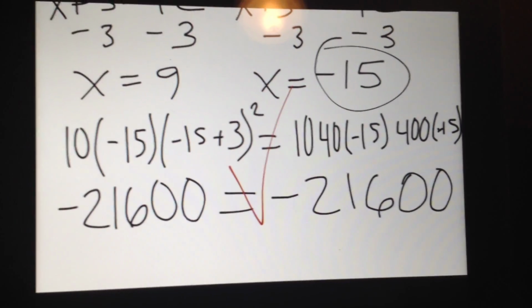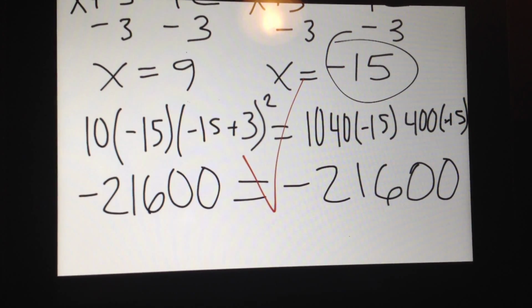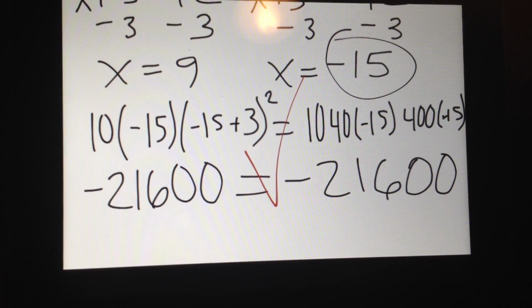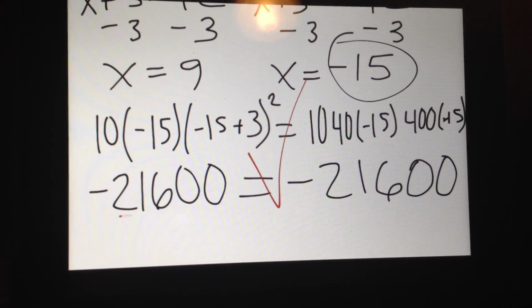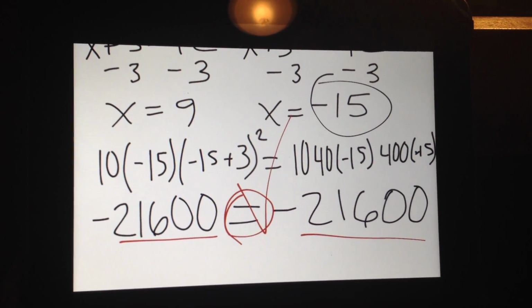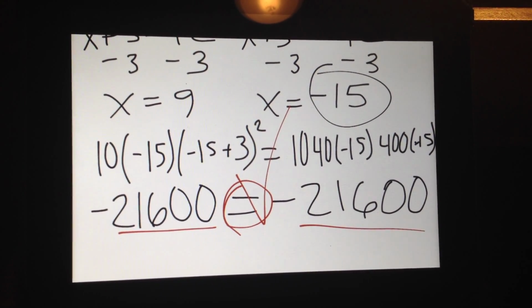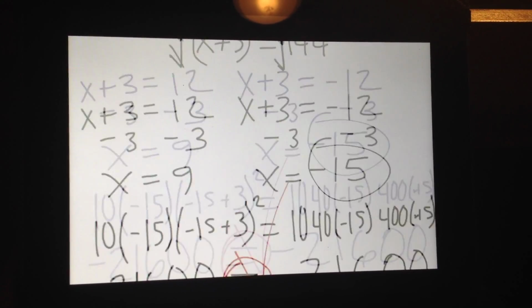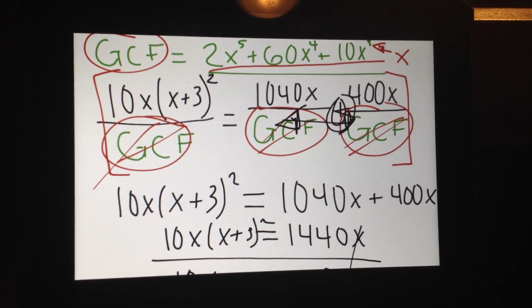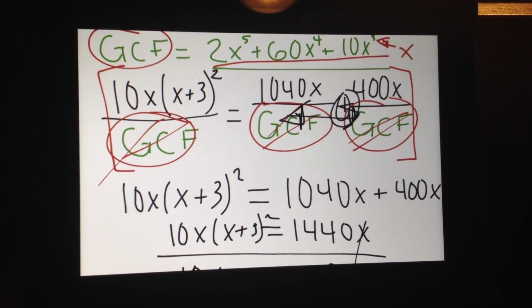So this one checks out too. You should always do this to make sure you don't have any extraneous solutions. If these two numbers do not end up equaling each other, then you know that solution is extraneous. And that's the whole process you have to go through in order to solve rational equations.